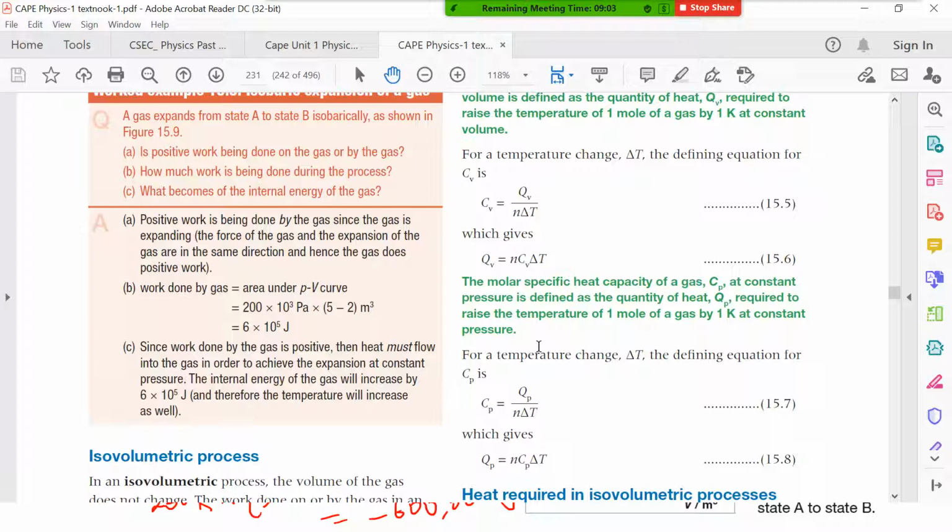They say that, obviously, let's look back at A. It says that positive work is being done by the gas since the gas is expanding, right? We understand all of that. I am so concerned sometimes when it comes to the different books that they give you different information.